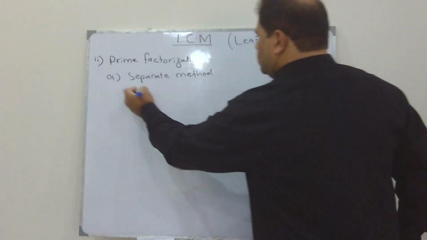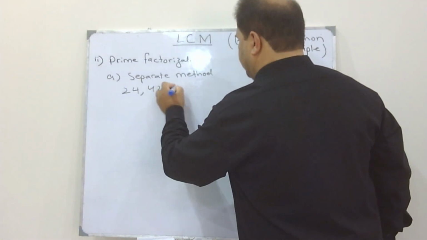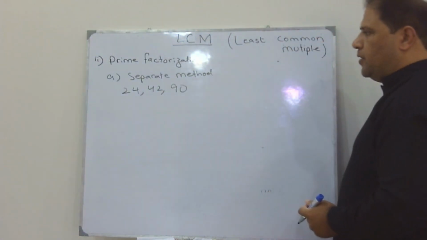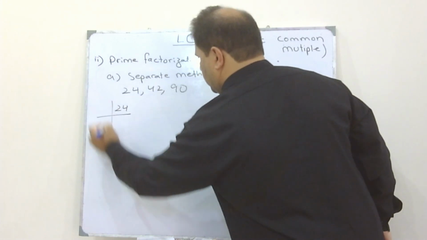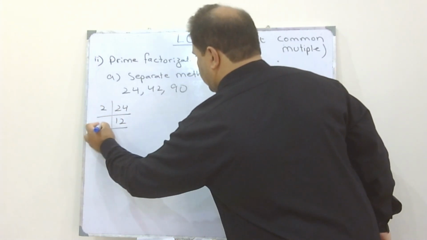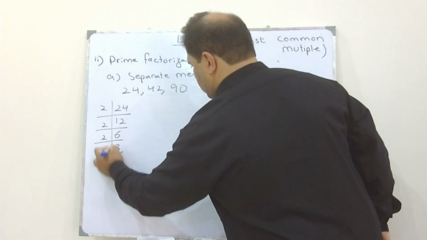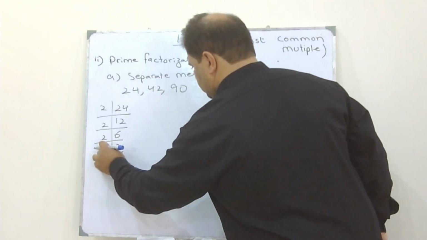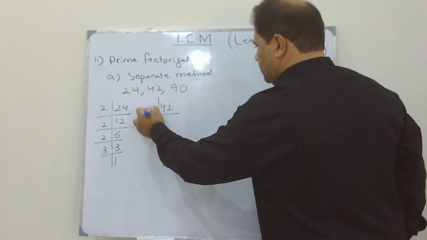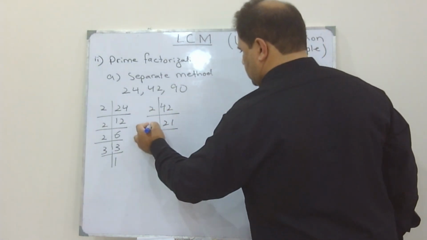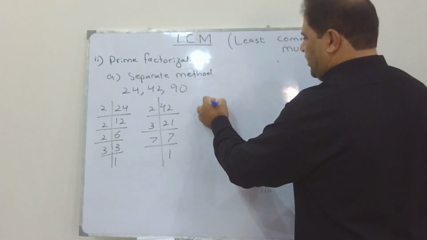Let's take the values 24, 42 and 90. Now we will do the prime factorization of all the values separately. This is 24. All of you know very well how to do the prime factorization of a given number. The second value is 42. And the last number is 90.